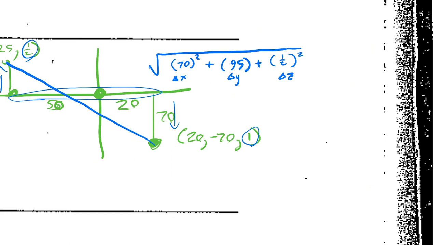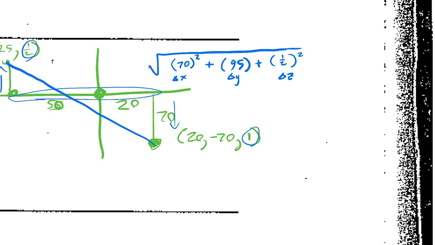And so that's square root of, we got to figure that out. So that's 70 squared plus 95 squared plus, and then the difference in altitude is almost negligible, but plus that 1/2 squared is just plus a 1/4, right? That's 1/2 squared.